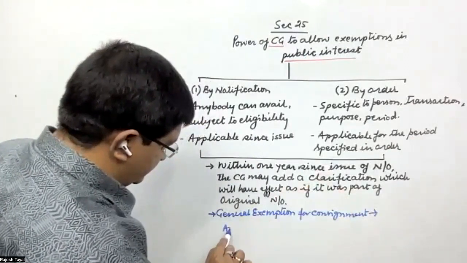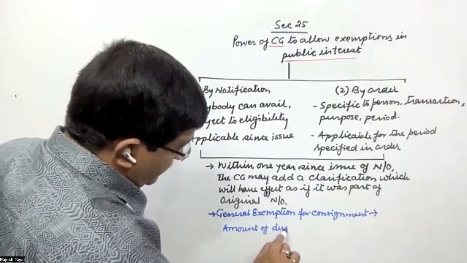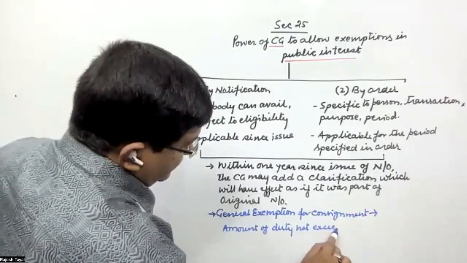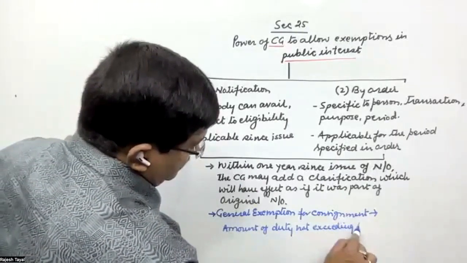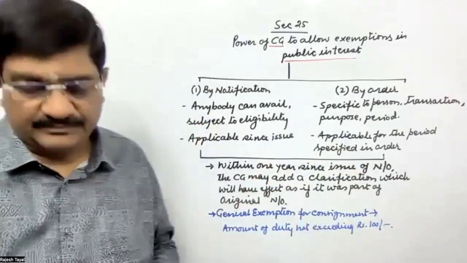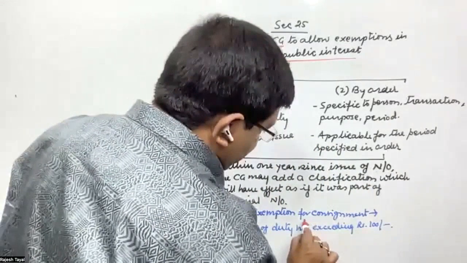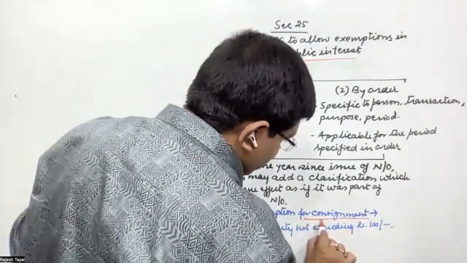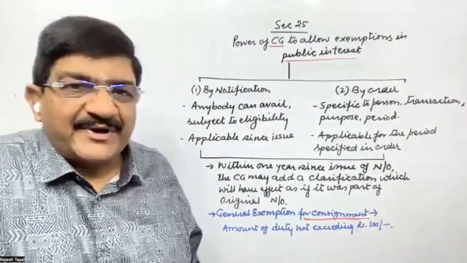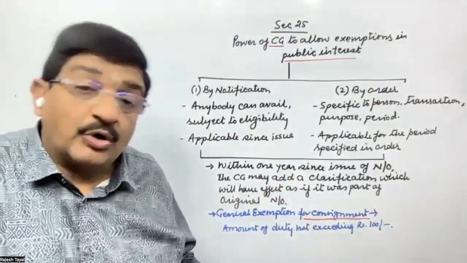This is an amount of duty not exceeding rupees 100. So this is for consignment. Understand this very clearly. This is not per article. In the same consignment, there may be thousands of articles at the same time. So this is per consignment. Amount of duty not exceeding 100.